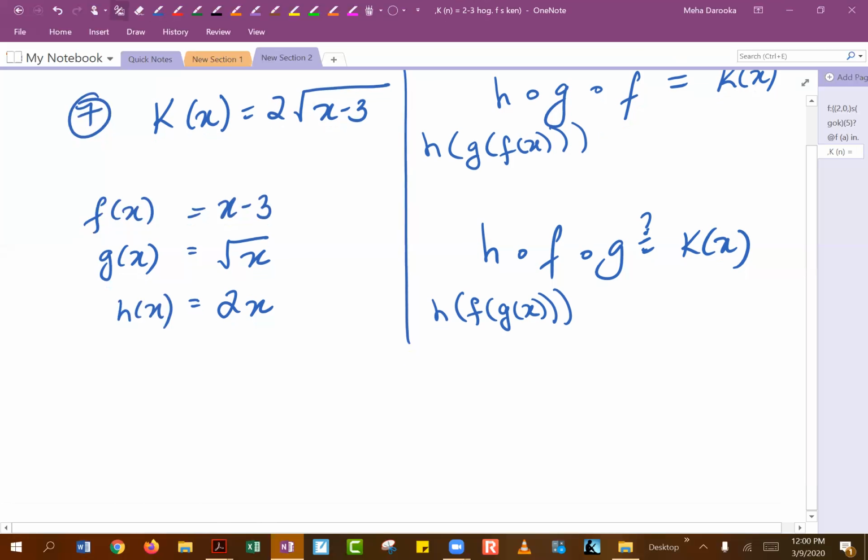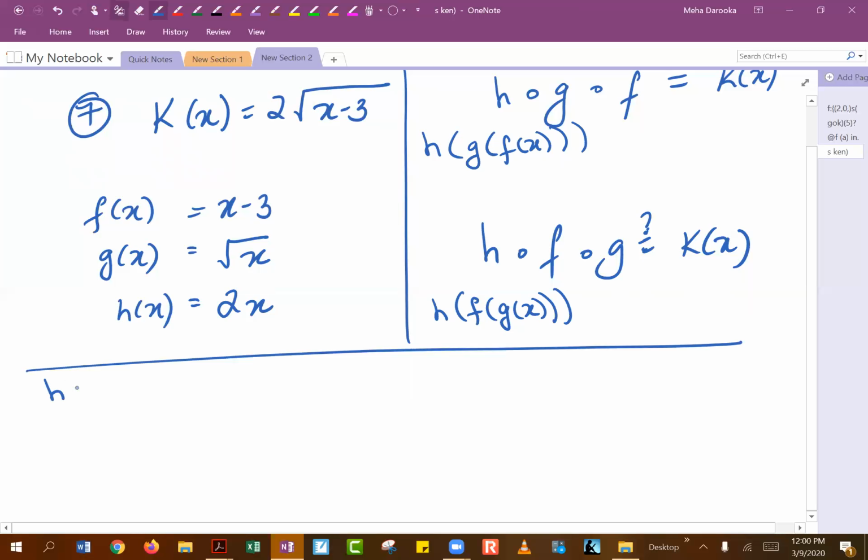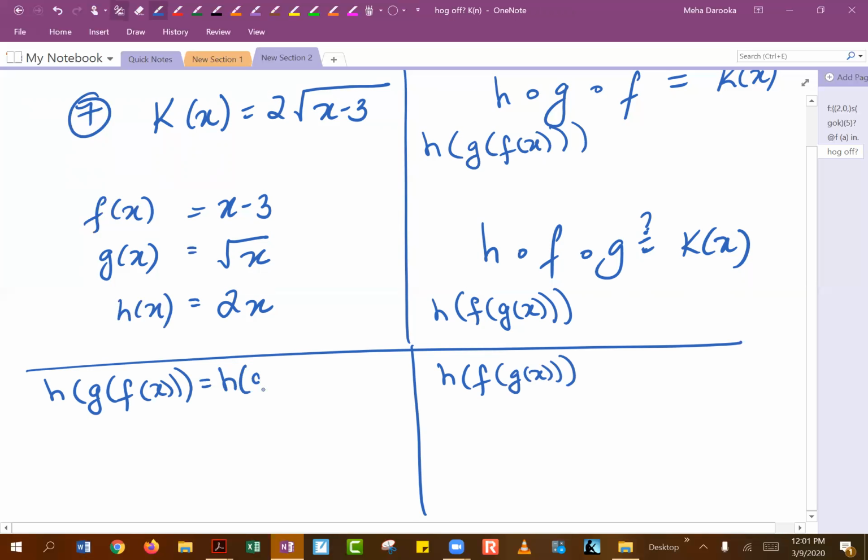So let's move this a little bit to the bottom here. Let's do h of g of f. Yeah, you close as many as you open. And then we had the other order here. Okay, so remember, h and g are on the outside.